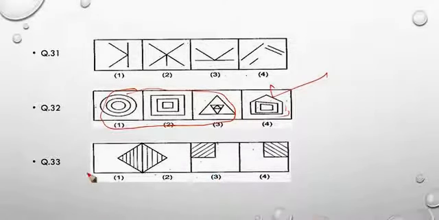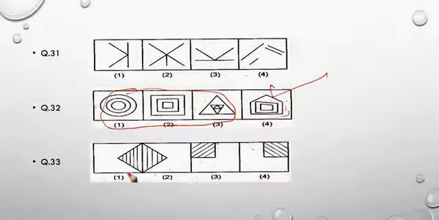Let's go to question number 33. In question number 33, there are 4 options given. In case of option 1, there is one triangle in which there are lines drawn. Similarly, in the case of option 2, there is a triangle in which there are lines drawn. In option 3, there is one square in which the lines have been drawn, and in option 4, there is another square in which lines have been drawn.